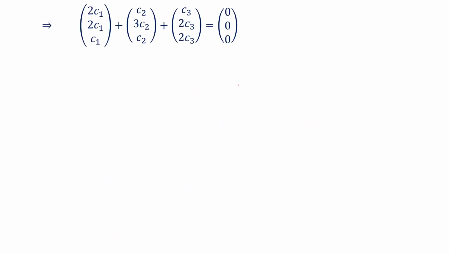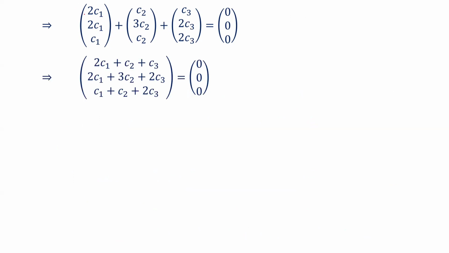So this can be written as the sum of these three vectors equal to (0, 0, 0).